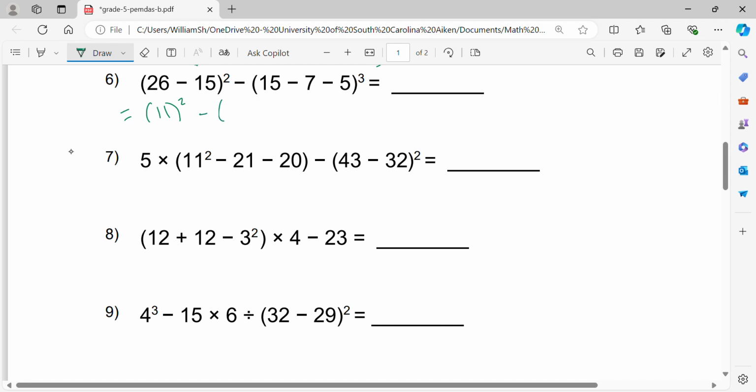So I've got 11 squared minus, now 15 minus 7 should give me, what was that, 8? 8 minus 5 should give me 3. Now 11 squared is 121. 3 to the third is 27. So I'm looking at 121 minus 27.